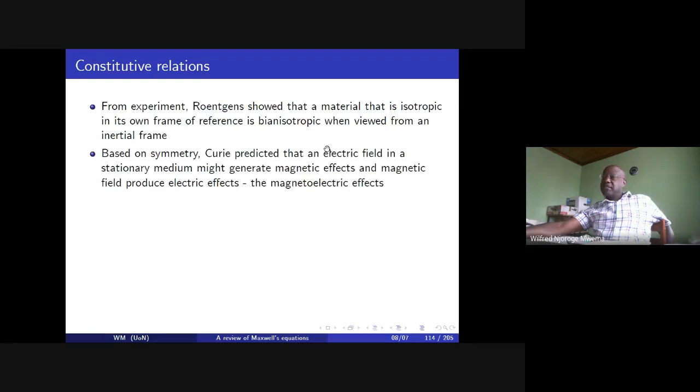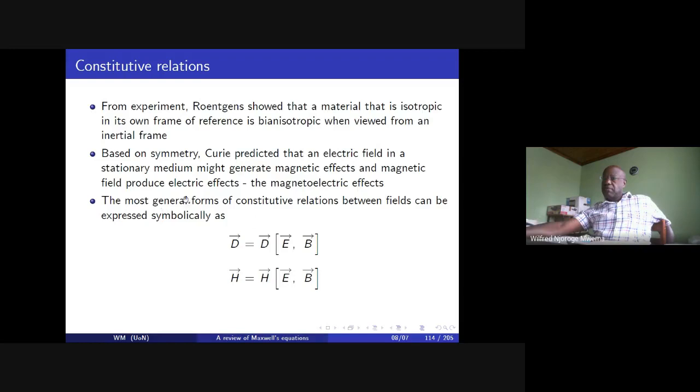And based on symmetry, Curie, the discoverer of radioactivity, predicted that an electric field in a stationary medium may generate magnetic effects, and magnetic fields produce electric effects. These are called magnetoelectric effects, just like Faraday talked about the induction of magnetic fields or electric fields from magnetic fields.